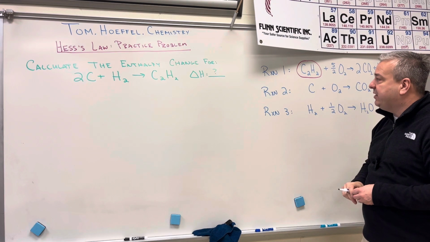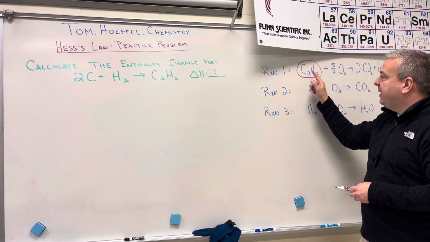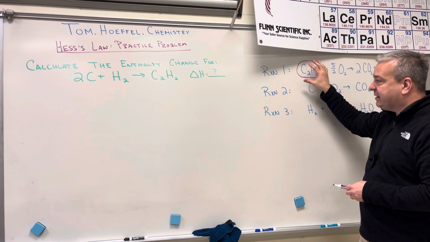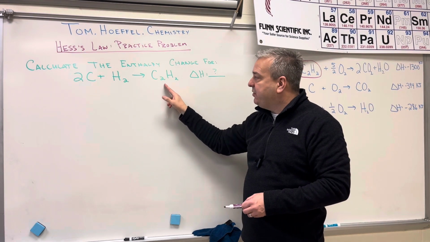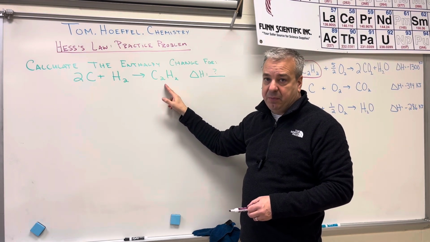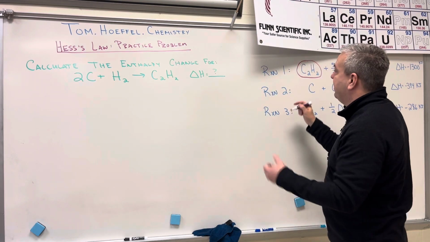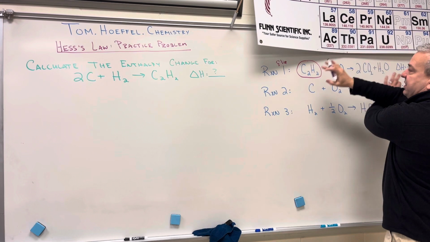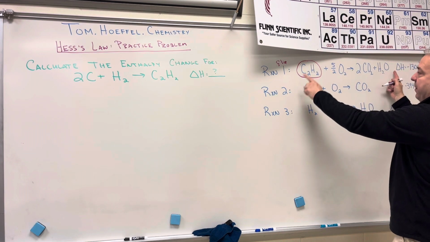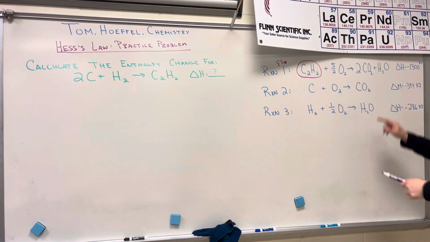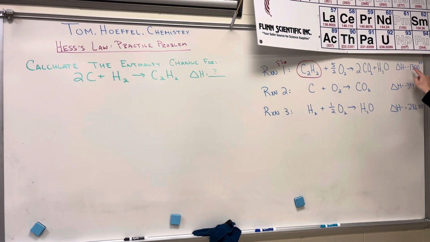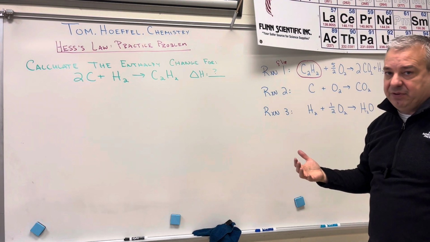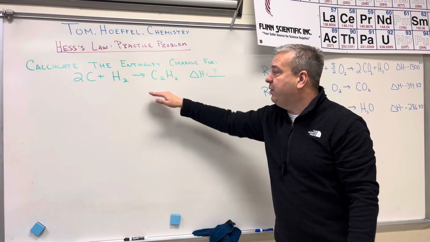And the C2H2 in this reaction is on the reactant side, but the C2H2 in the question is on the product side. So what that tells me is that I'm probably going to have to flip, reverse this chemical reaction. And remember, when you reverse the chemical reaction, you have to switch the sign. So the magnitude is going to stay at 1300, but instead of a negative 1300, it's going to be a positive 1300. And I'll rewrite the equation over here in a second.